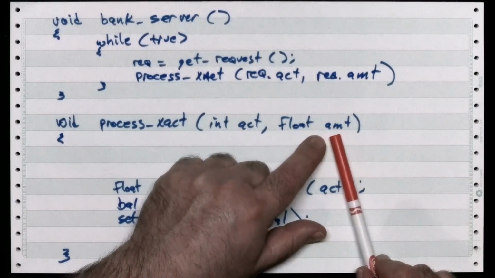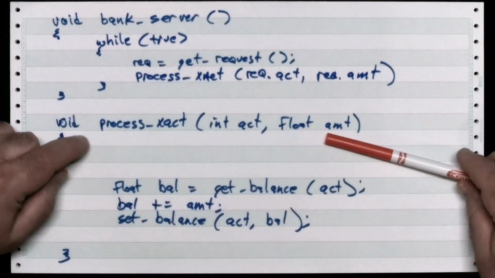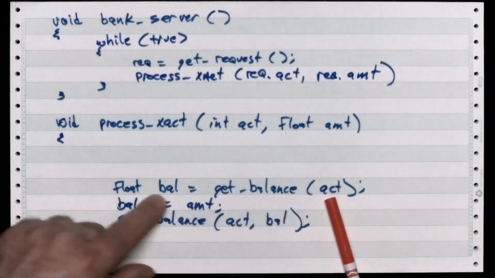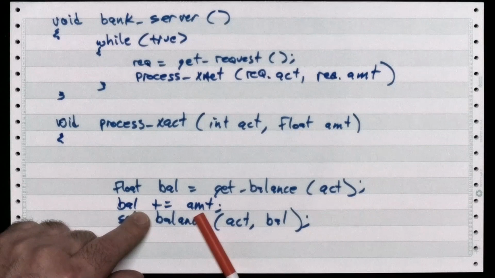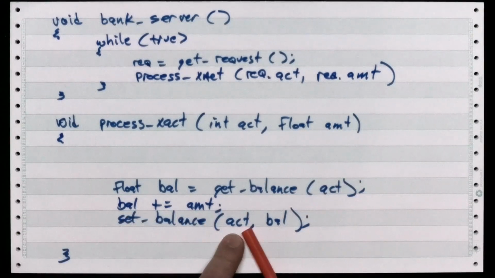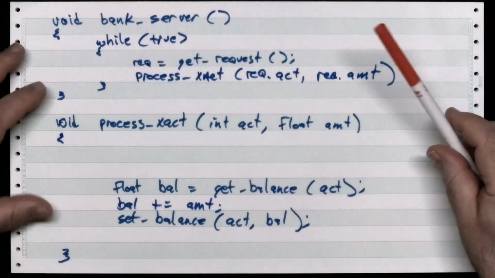If it's negative, it's a withdrawal. All right. So how does that work? You would simply say, give me the current balance for this account, store it in a variable, add on the amount of the transaction, and then set the new balance to the new value for that same account. All right, so this would work fine and dandy until you run it with more than one thread.